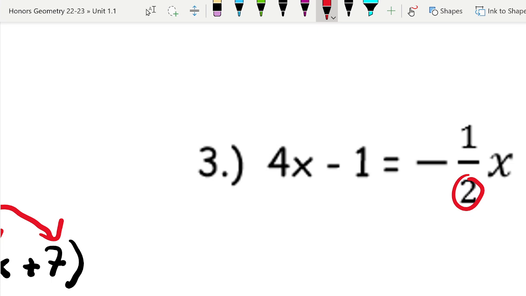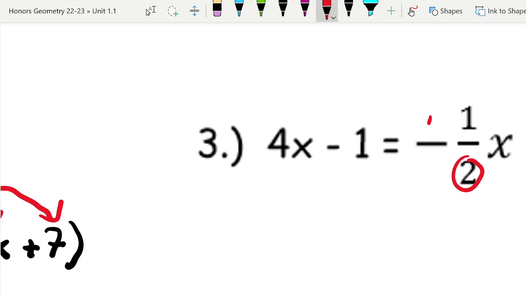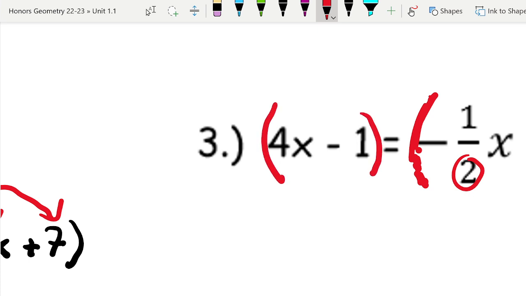In order to get rid of that, we're going to multiply this entire equation by 2. What we do on one side of the equation, we have to do on the other.